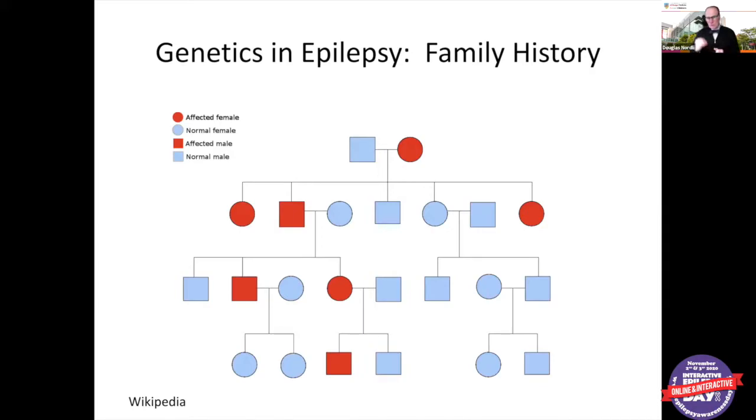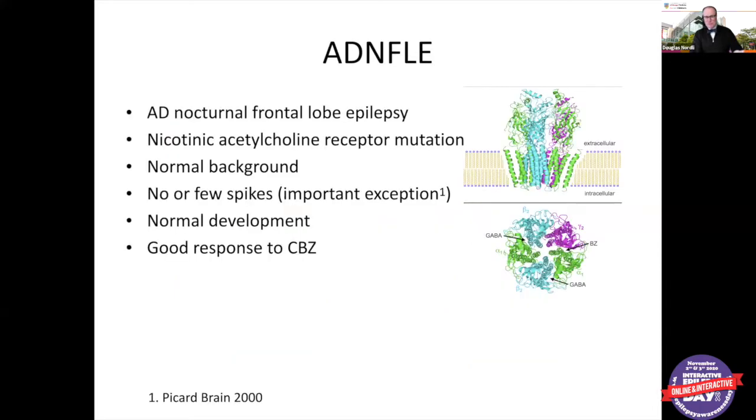If the red color is an individual who has the gene and has the epilepsy, you can see with each generation that the trait passes through in a dominant fashion. That's autosomal dominant inheritance. Not hard to know when you're dealing with this. The family history is very positive, with lots of first and second degree relatives with epilepsy.